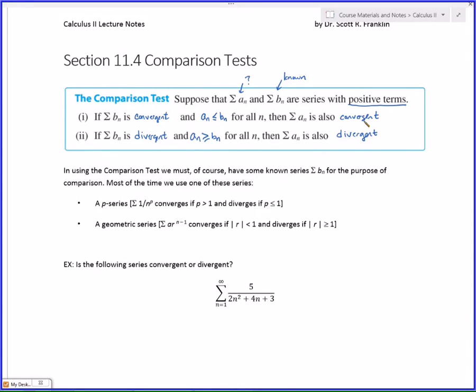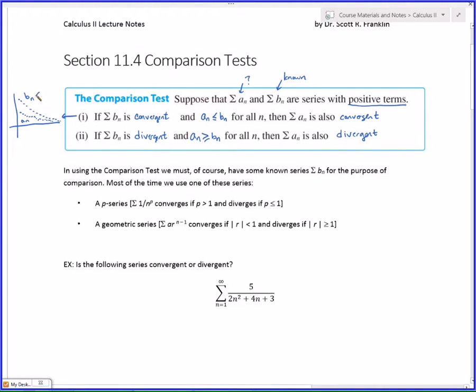Now, if you kind of think of the picture that I've got in my mind here, let me draw it for you. Over here, let's do this Roman numeral 1. Okay? Let's say the top curve is b sub n, and the bottom curve, whatever it's doing, are the terms of a sub n. Okay?